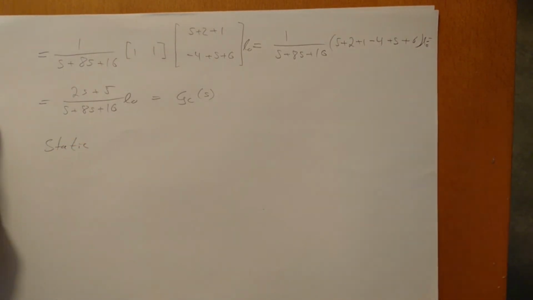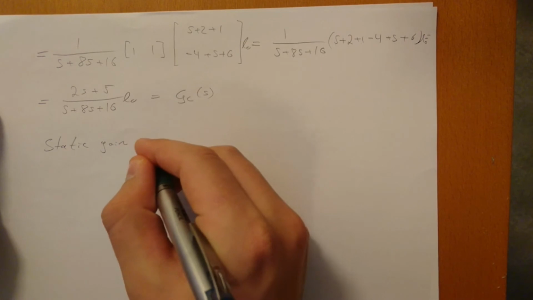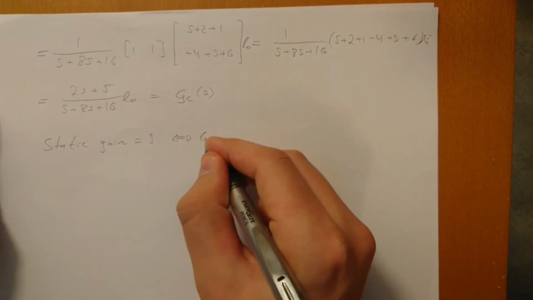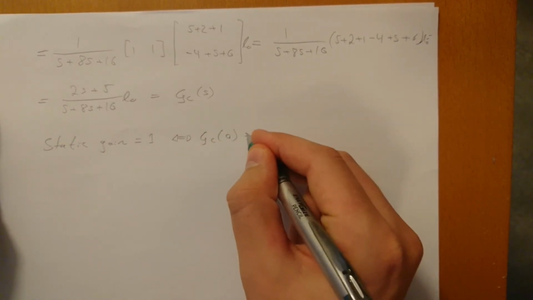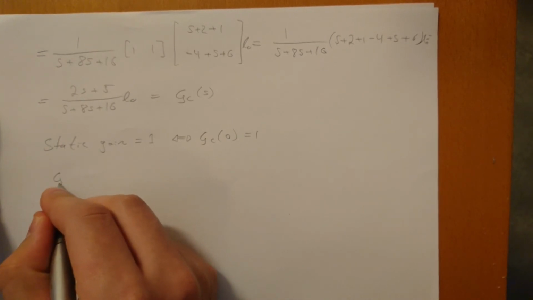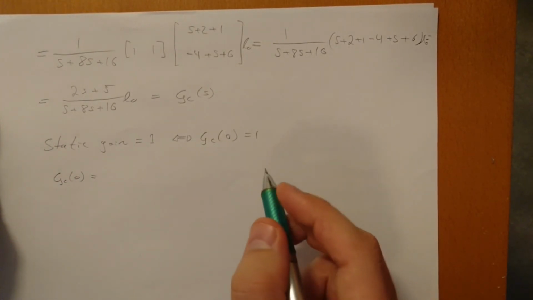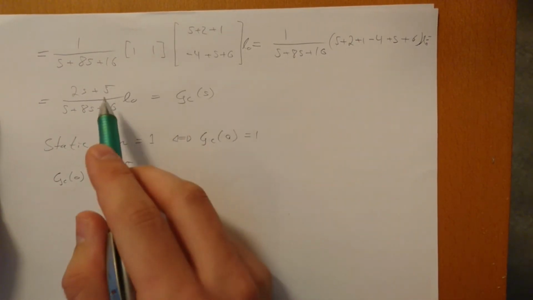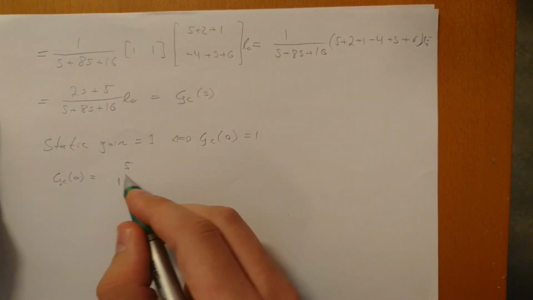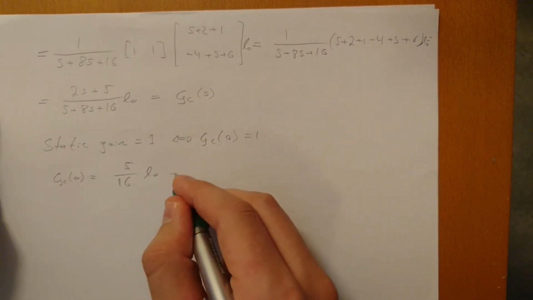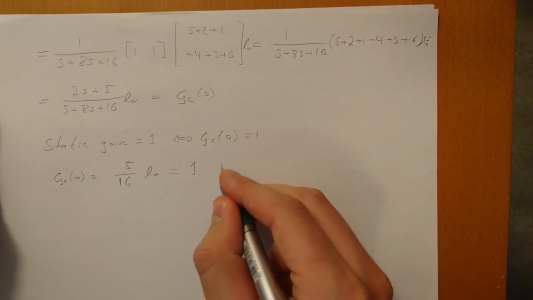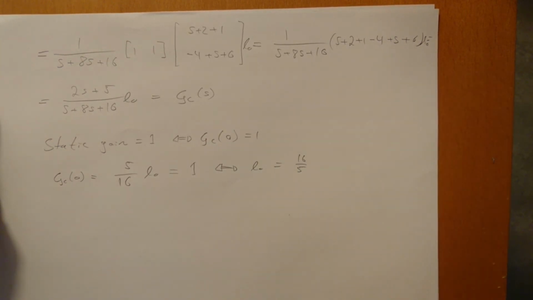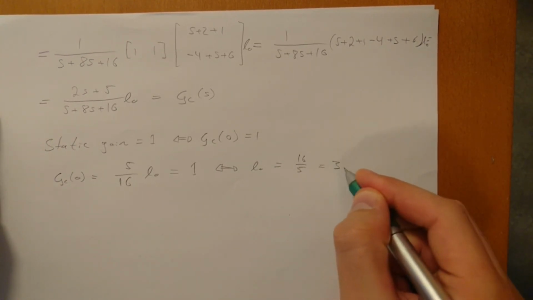And then we required that the static gain should be equal to 1, which was the same thing, that Gc of 0 should be equal to 1. So if we look at that, what do we get? Well, we get 5 in the numerator, and we get 16 in the denominator, times L naught. And if we require this to be equal to 1, we get that L naught must be equal to 16 over 5, which is 3.2.